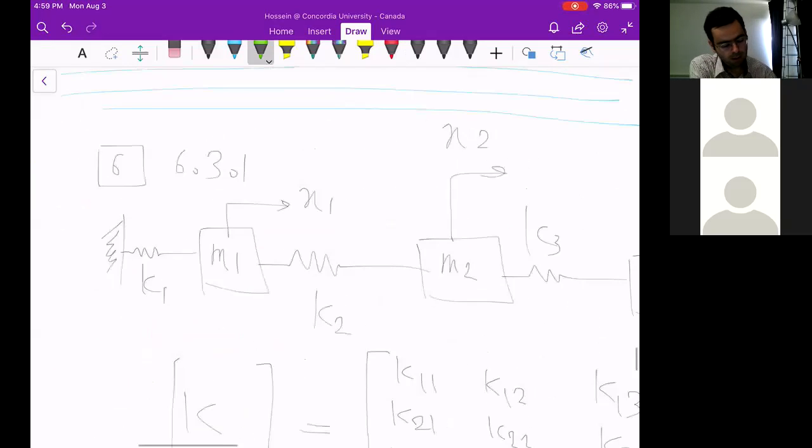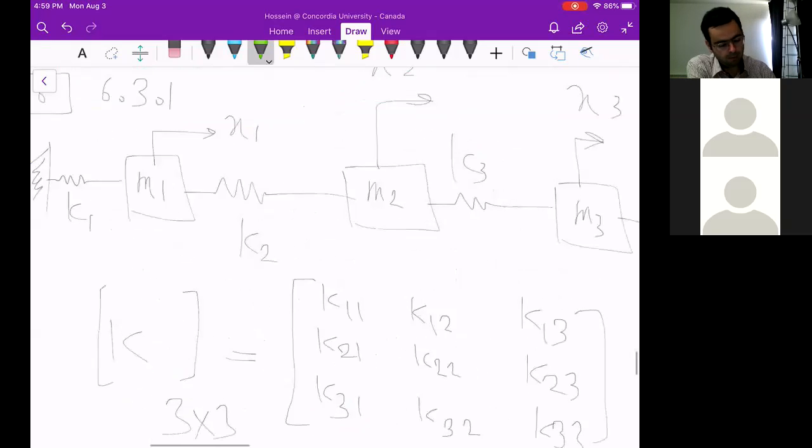So similarly, for finding the first column, we have to apply a unit displacement at mass 1.